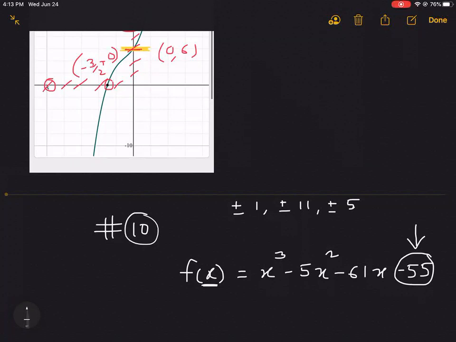Fortunately, for 55, there are only a few factors. So can you see any value which will make your function 0? No one?